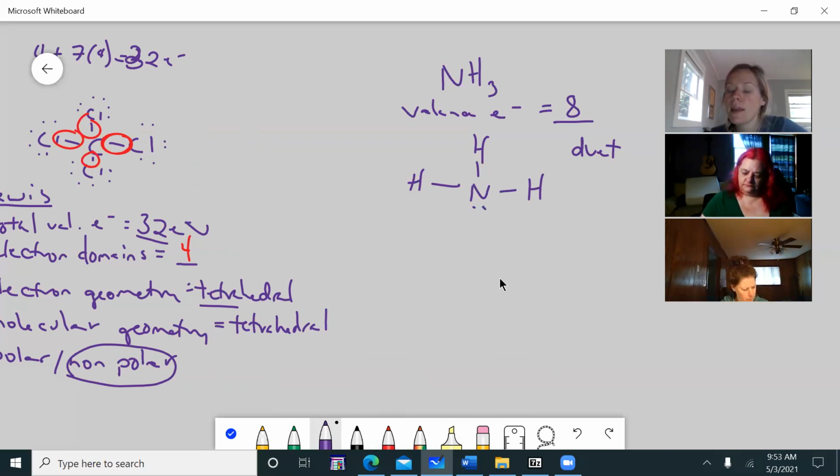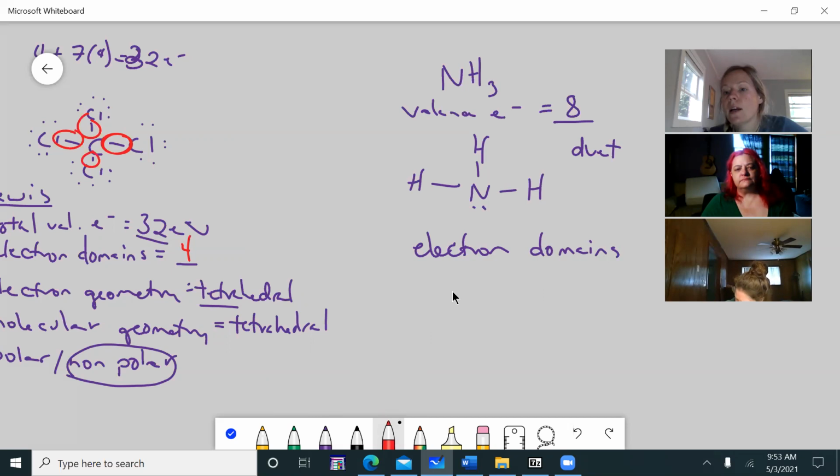This is where things get a little bit different. So when you have those lone pairs of electrons on the central atom, that's when your molecular and electron geometry will differ. Let's first talk about how many electron domains do we have. Okay, so electron domains. So how many areas of electrons do we have around the central atom?